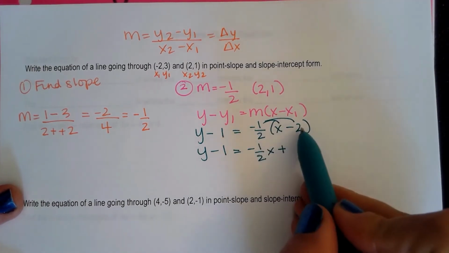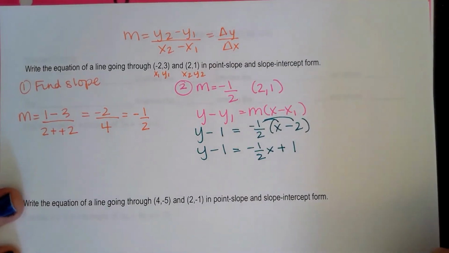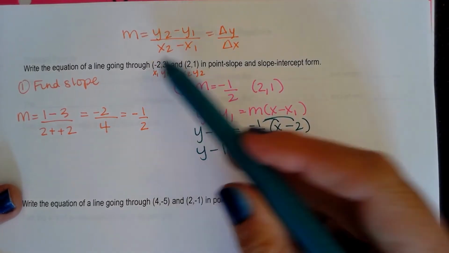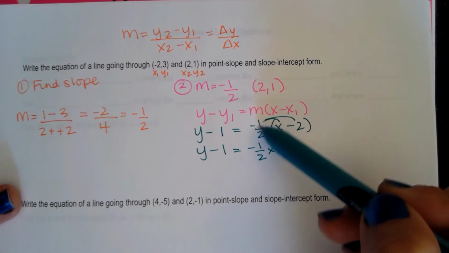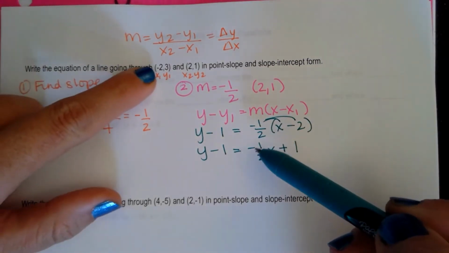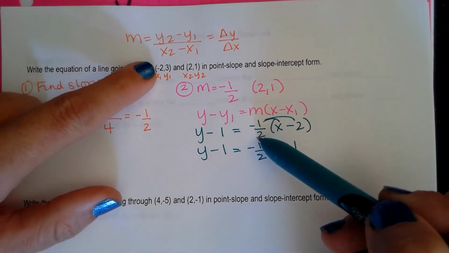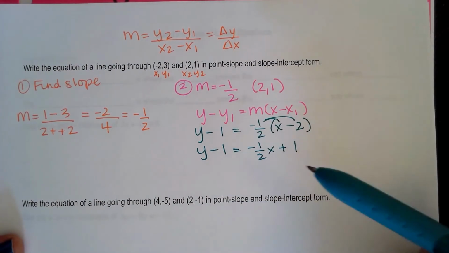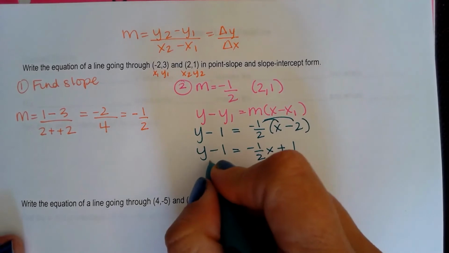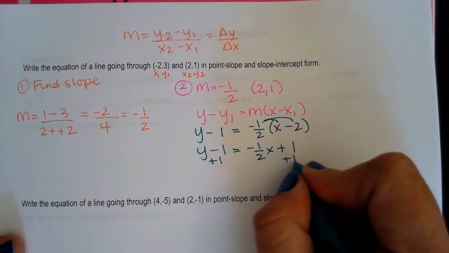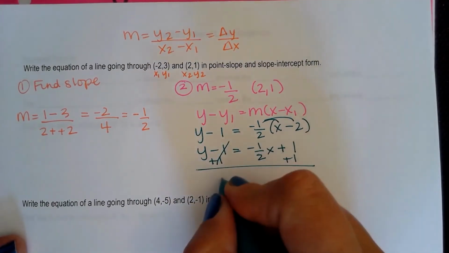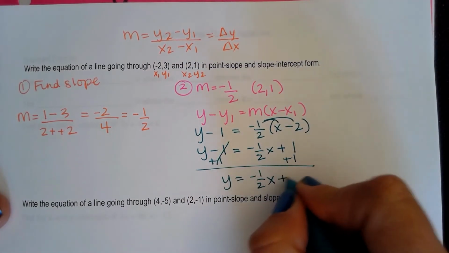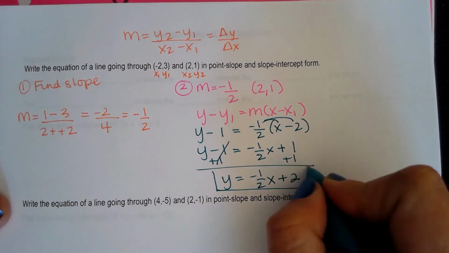And then half of 2 is 1. That also could be a reason why you choose an ordered pair over another, is if it's a fraction and like this x had been 3, taking half of 3 isn't as nice as taking half of 2. So you can always look at the ordered pairs that way as well. And then from there, I add 1, and so I get y equals -1/2 x plus 2.